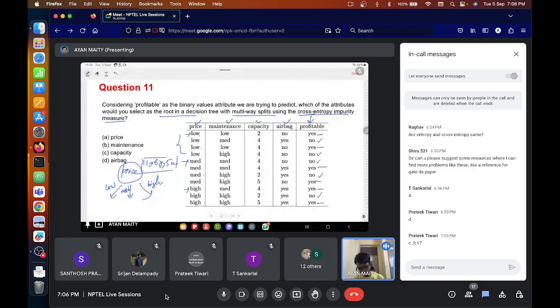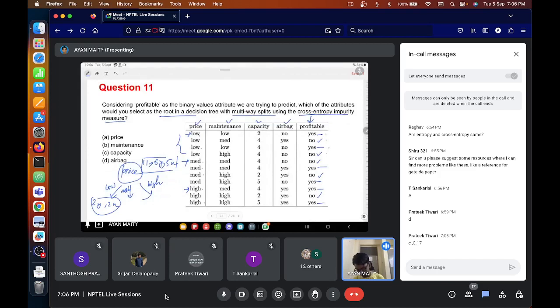And in the low partition or the first partition, how many yes are there you have to check. So we have 2 yes and 2 no. So this is the first partition.